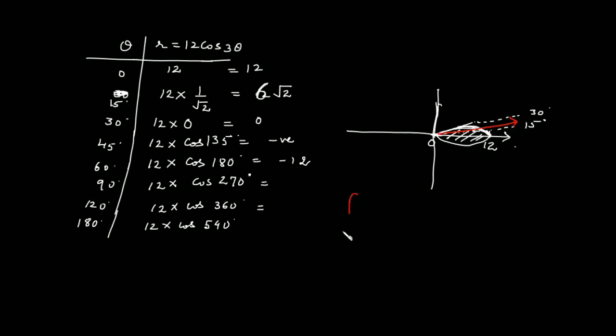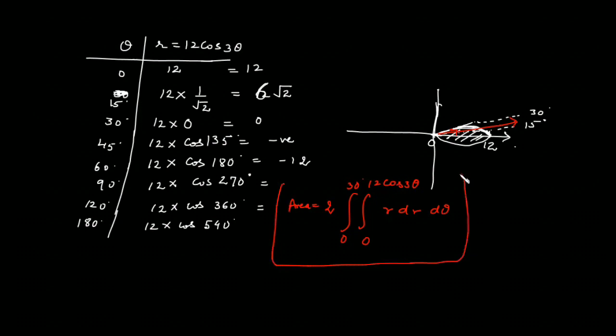So our r is always varying from 0 to 12 cos 3 theta, and theta is varying from 0 to 30 degrees, where r is 0, and you make it twice because you have to find the area of this complete one leaf. So this is the value of area. First you integrate with respect to r, substitute the limits, and then with respect to theta. So this is the area.